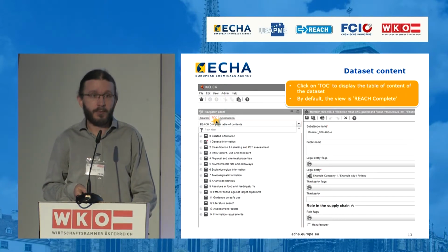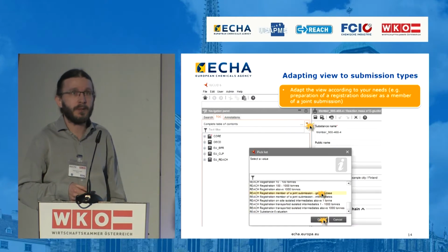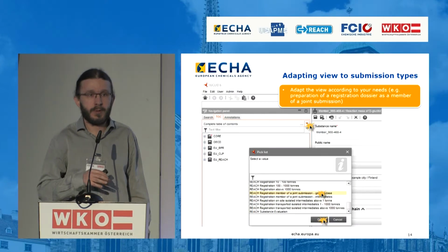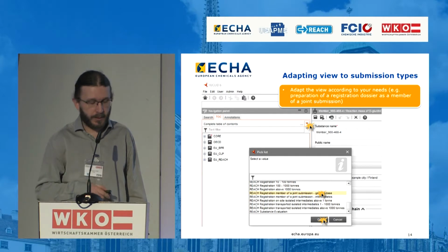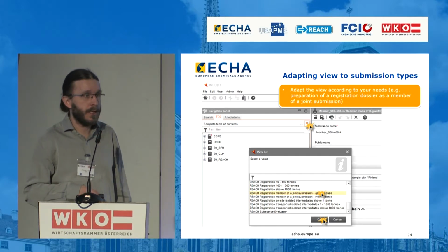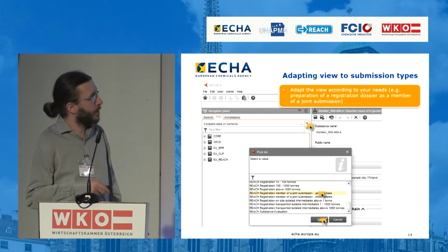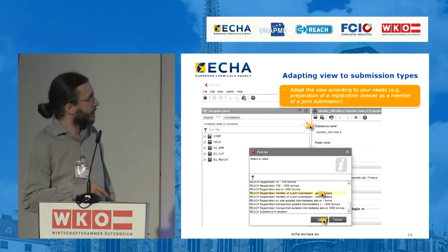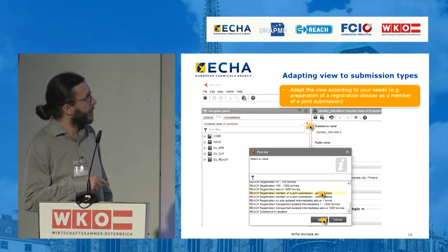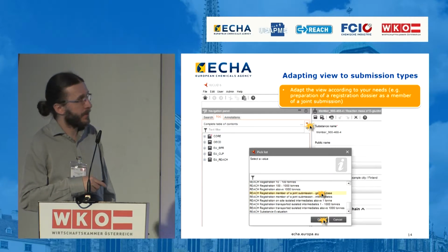Euclid is used for different purposes. So we have implemented a way for you to display or list the sections of the table of content in a way that is more specific to your needs. So we have made available what we call submission types that you can access from here.